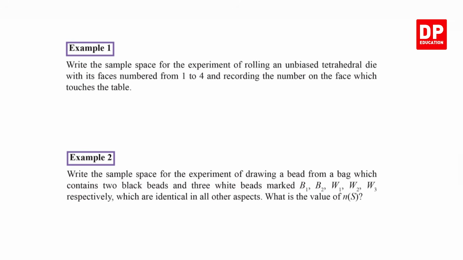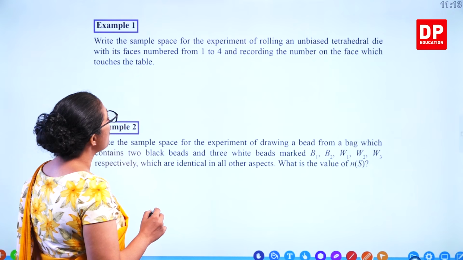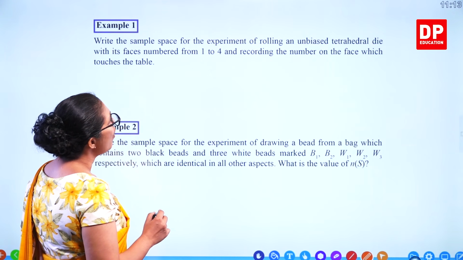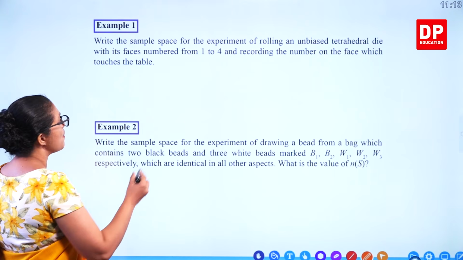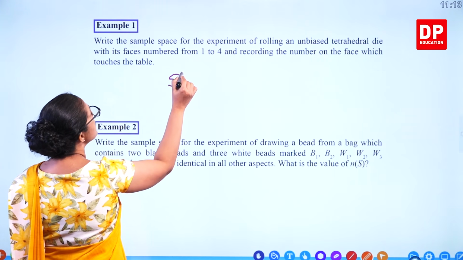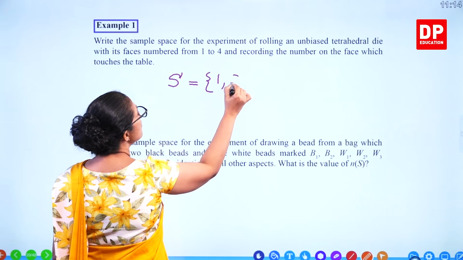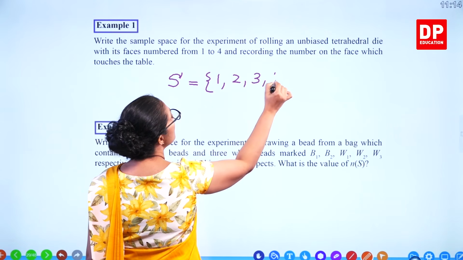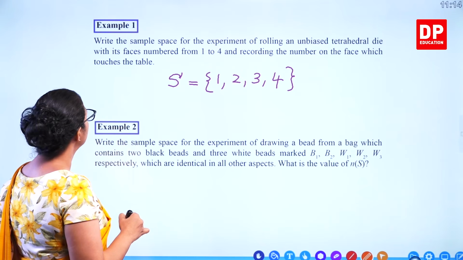Example number 1. Write the sample space for the experiment of rolling an unbiased tetrahedral die with its faces numbered from 1 to 4 and recording the number on the face which touches the table. So what's the sample space? You can get either 1, 2, 3, 4. That's the sample space.